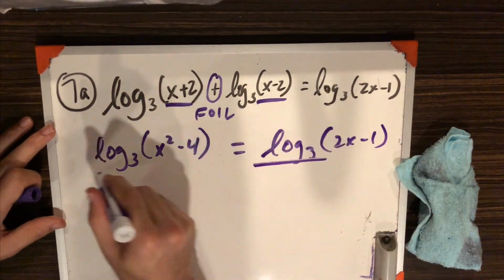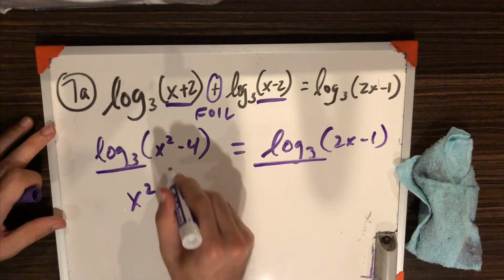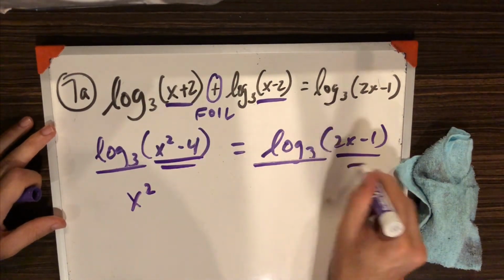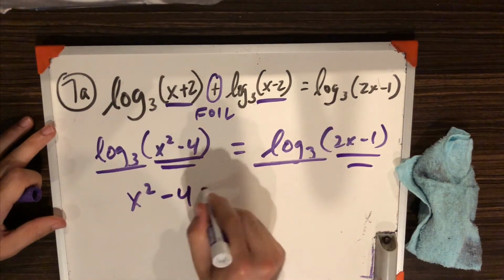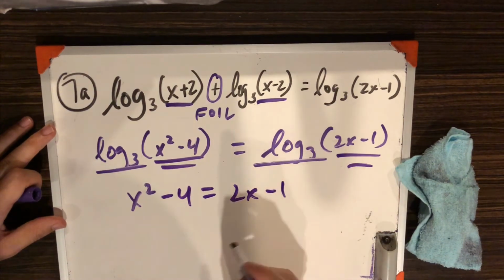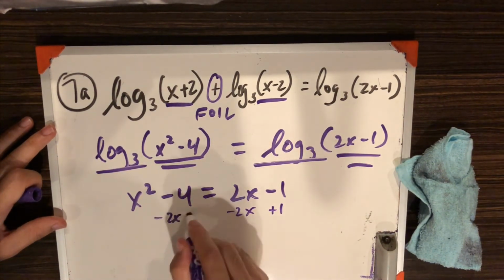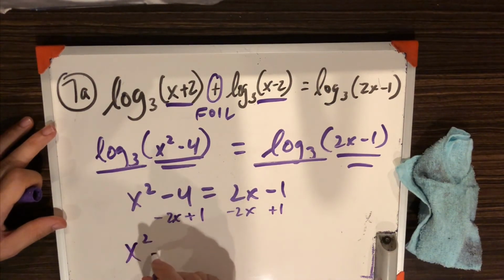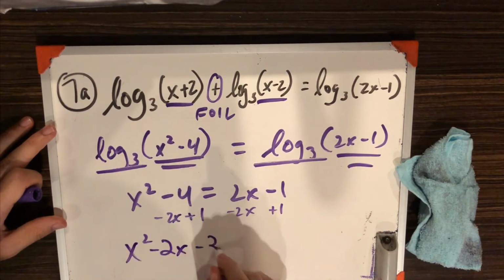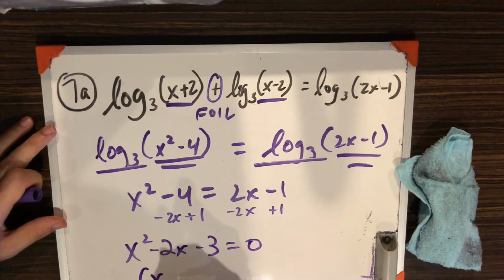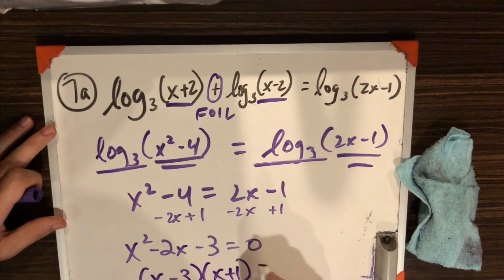Well, we have log base 3 on both sides, so we can set this and this equal to each other. So x squared minus 4 is equal to 2x minus 1. Push everything to one side: minus 2x plus 1 on both sides. x squared minus 2x minus 3 is equal to 0. That means this can be factored as x minus 3 times x plus 1.